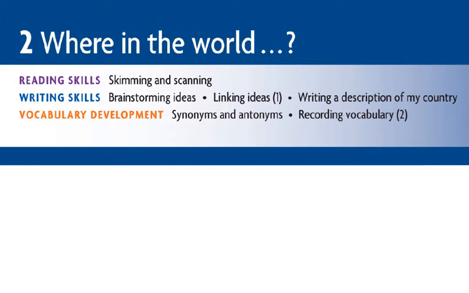Then there is a practice about writing a description of your country. In the third section, which is vocabulary development, we will talk about synonyms and antonyms, and also there is a practice about recording vocabulary, part 2.